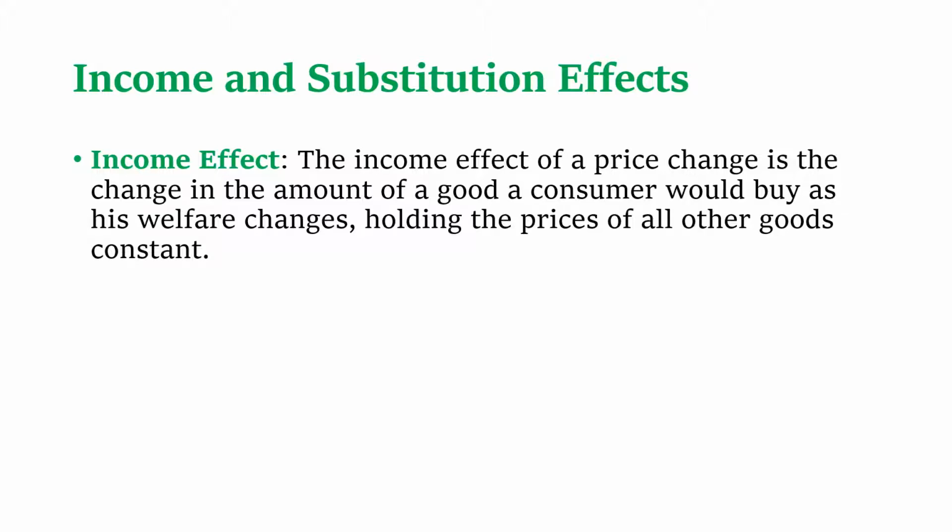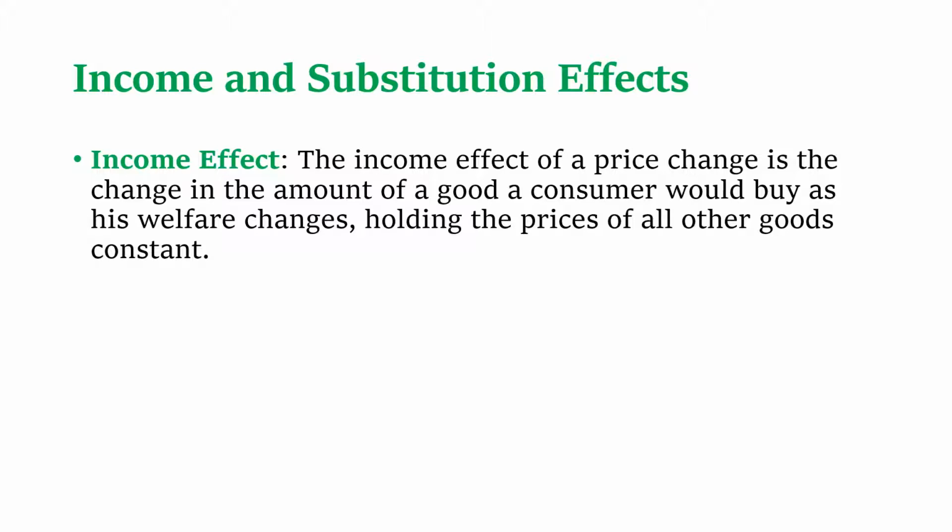The income effect of a price change is just a change in the amount of a good a consumer will buy as its welfare changes, holding the price of all other goods constant. Now, the prices of other goods are held constant, right? And then we see what will happen when the price changes on the demand for the particular good.